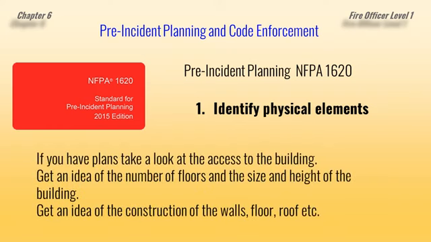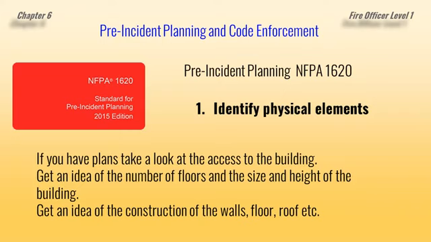So if you have plans, take a look at the access to the building. If you have a target hazard, maybe something new is going up in your town, or a larger building that could be confusing or you want to pre-plan it, see if you can get a hold of the plans, and start with looking at the access of the building.